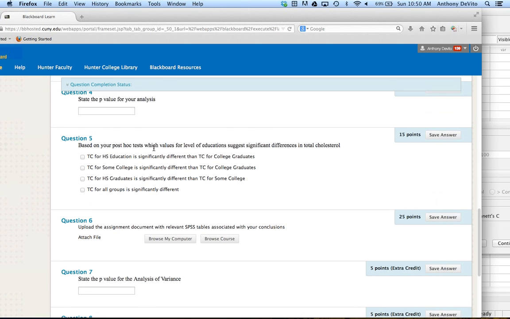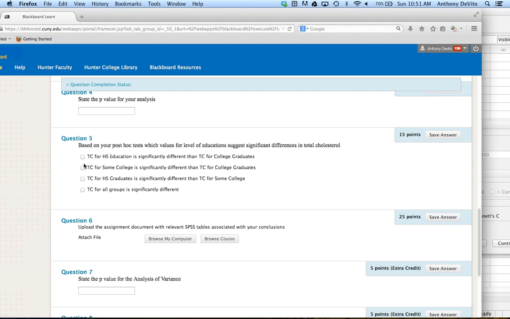Okay. Based on your post hoc tests, which values for the level of education suggest significant differences in total cholesterol? In other words, now we're going to go back and figure out whether the difference is in high school versus college graduates, some college versus college graduates, high school graduates versus some college, or whether all of the groups are significantly different.